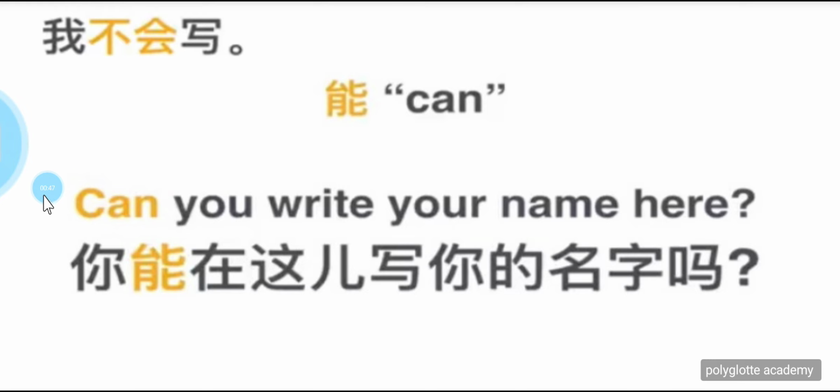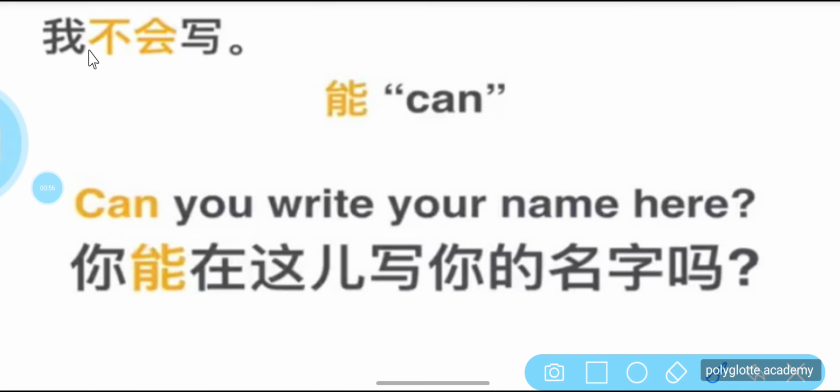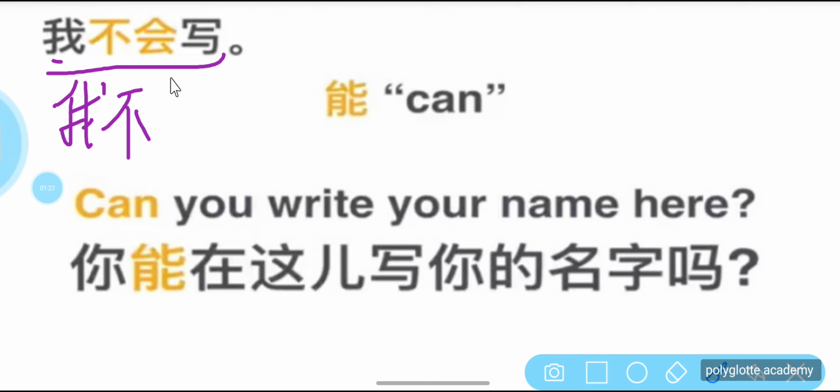So recall, in the previous lesson we had 我不会写, which was what you discovered if you ended the lesson.